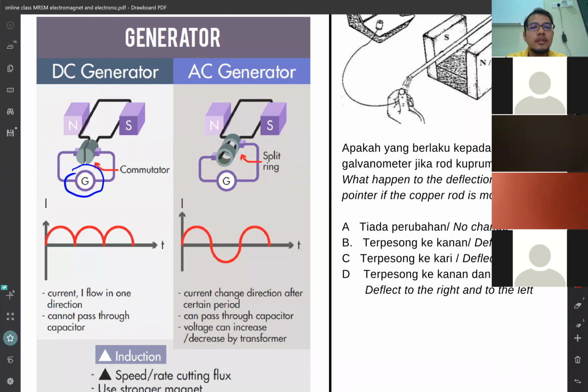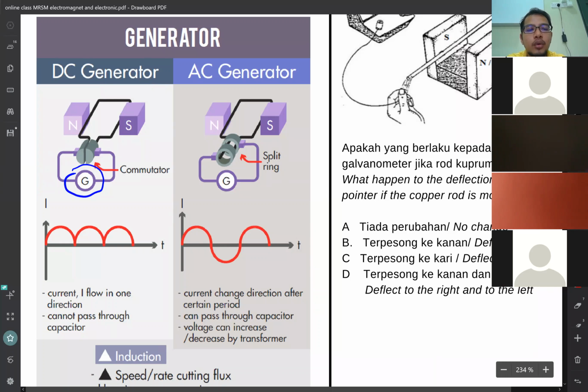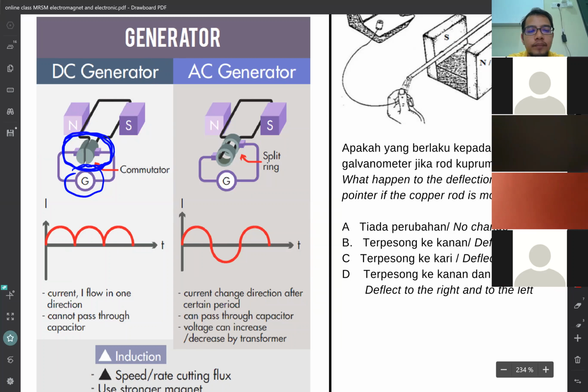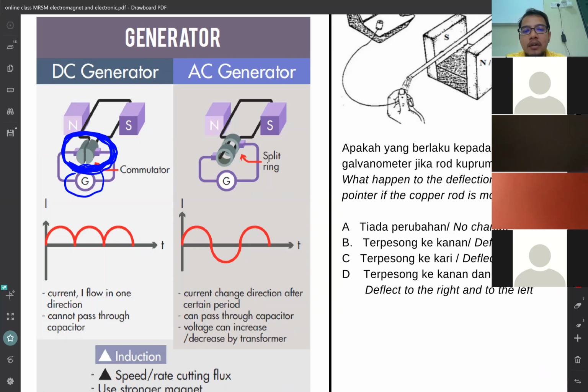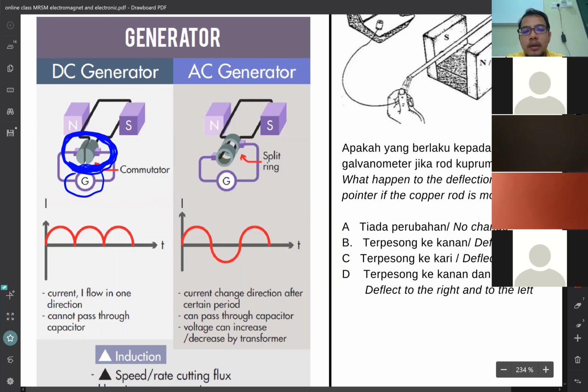So you just need to remember the difference, which is DC motor and DC generator both use a commutator. The commutator makes sure that the rotation is in one direction. The generator will be in a split ring.